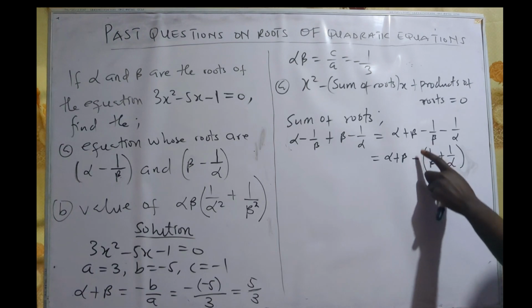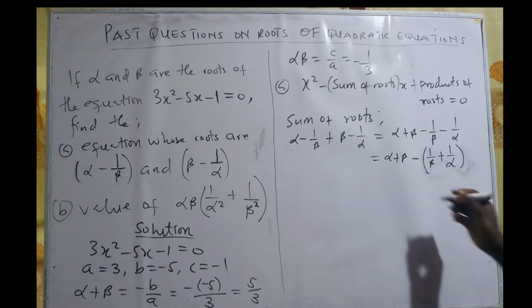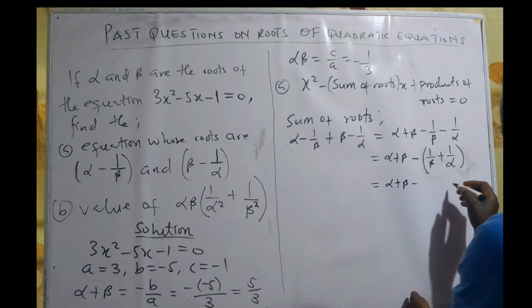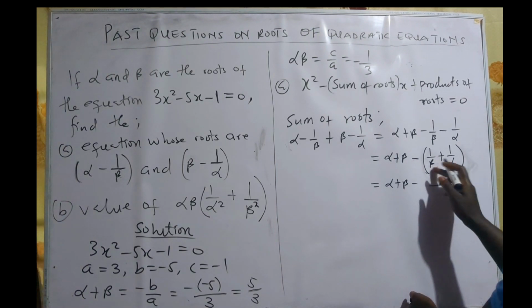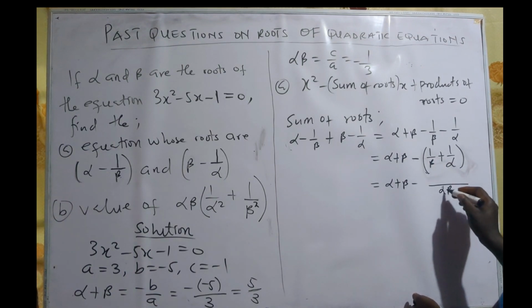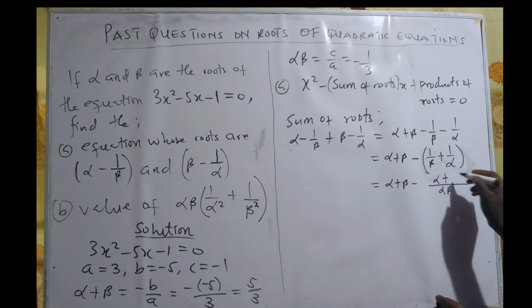This will give me minus 1 over beta and then minus 1 over alpha. So that at the end of the day I'm getting alpha plus beta minus, let me find the LCM. What will be the LCM of this? That is beta alpha or alpha beta. Beta will go here, remaining alpha, so alpha plus.